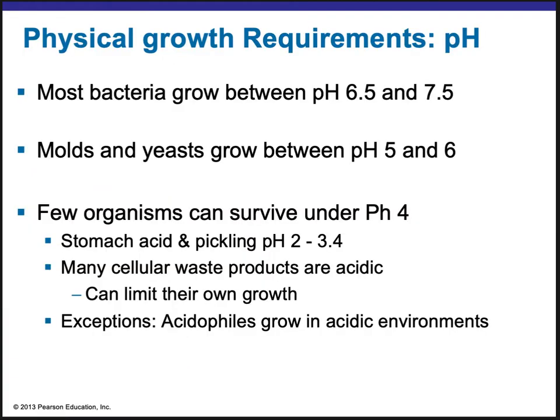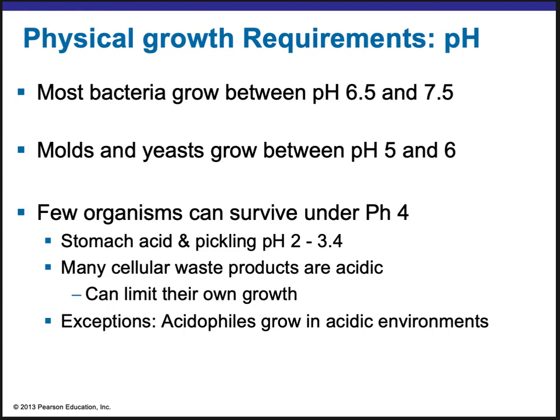All right. So that was food safety. Now let's talk about pH. The reason that we do things like pickling is because most bacteria and even molds and yeast have a range that they can tolerate, right? Bacteria grow best between 6.5 and 7.5.